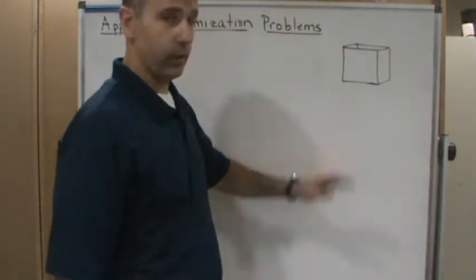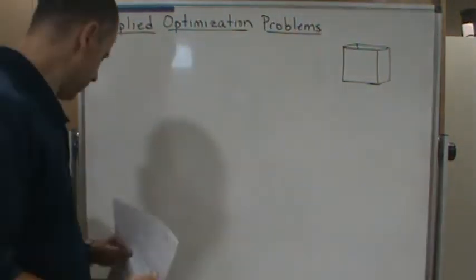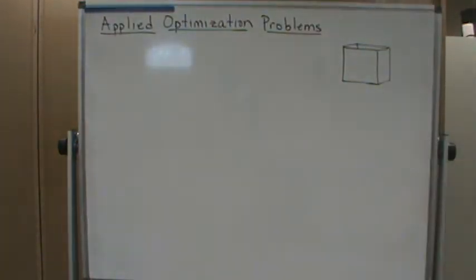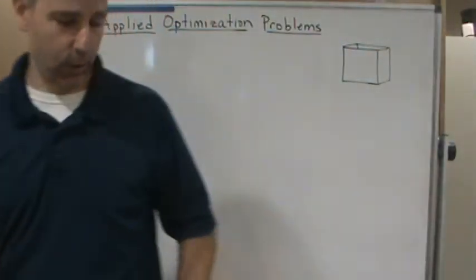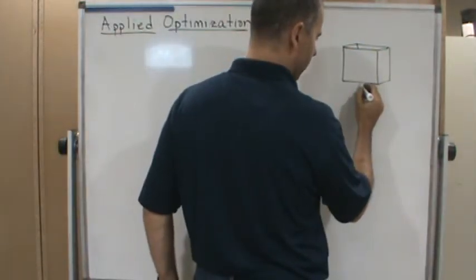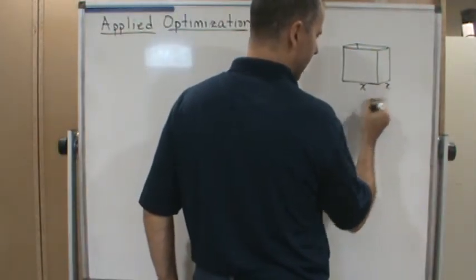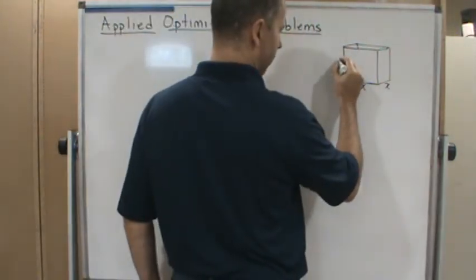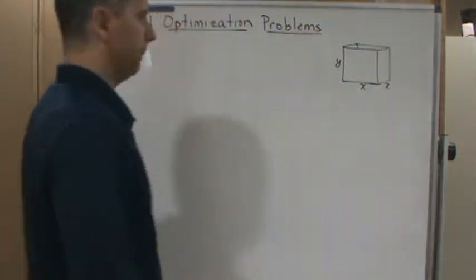So here we're going to deal with an open box, and here's the situation. We're dealing with the construction of an open box with a square base. So I'm going to label the box here. It has a square base, so that means this and that side are going to be the same, and it's going to have a height of, let's say, y.